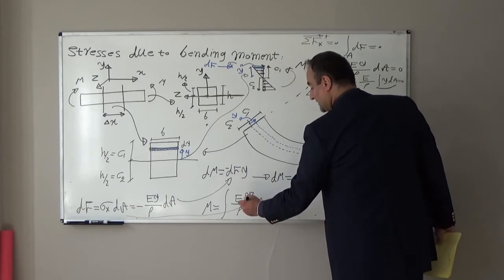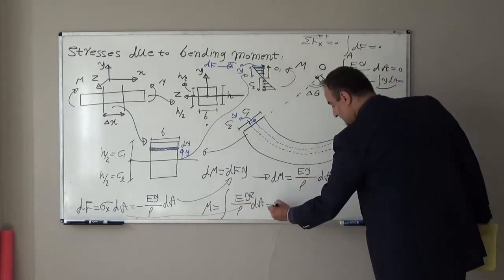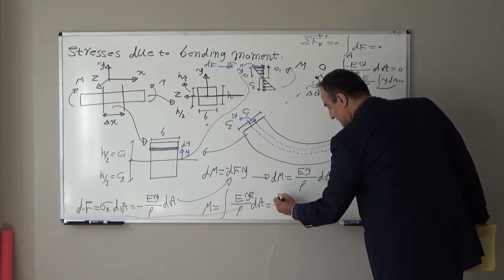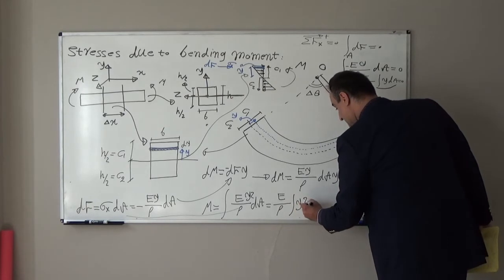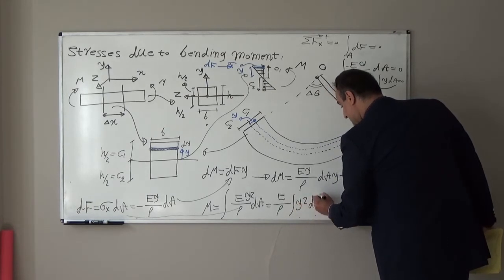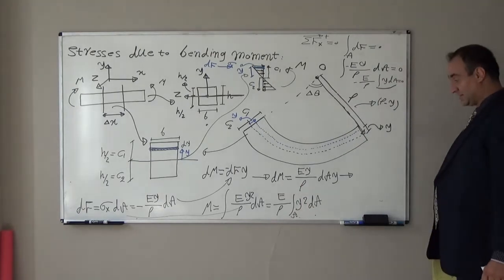From here I can pull E over rho out of the integration because it is a constant number. E over rho times integration of y squared dA over the entire cross section A.